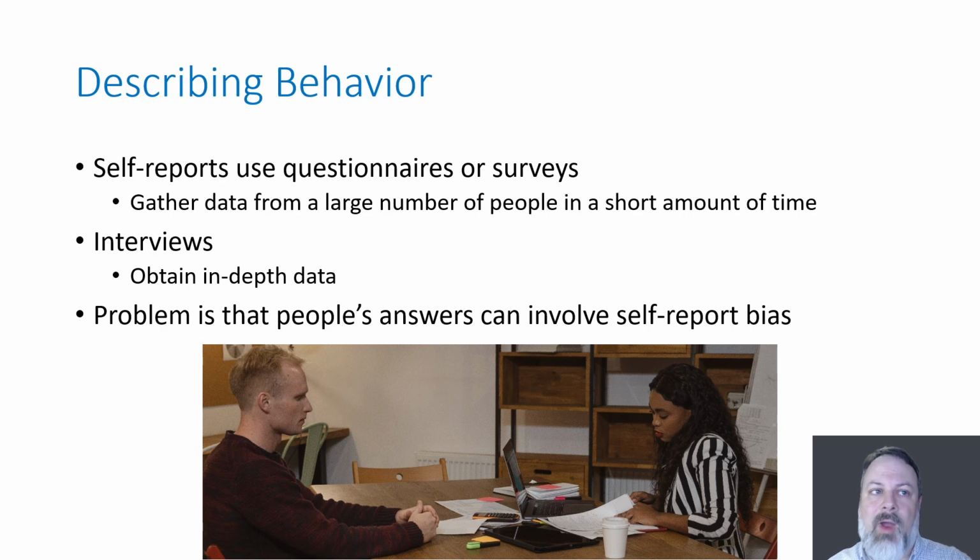Another way we can describe behavior is through self report questionnaires or surveys. This is a good way to get a large amount of data from many people, whether we're doing it paper and pencil or over the internet. In the case of that obstructive sleep apnea study, we were able to collect data from 1,000 participants in a relatively short amount of time, who lived all across the country.